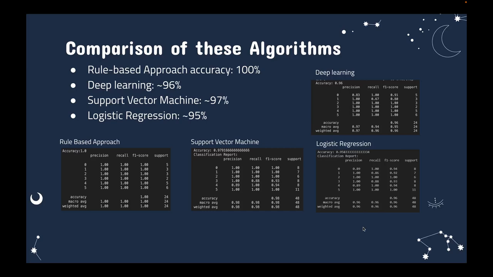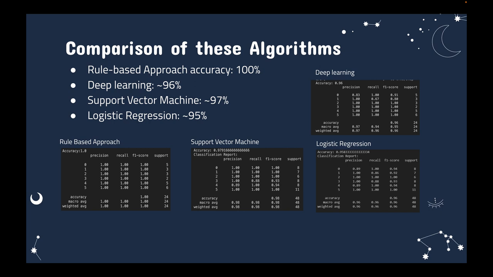Of the metrics of these algorithms, as you can see, our rule-based approach got 100% accuracy. Again, this is not practical and it was really inefficient. For deep learning, we got around 96% accuracy, but the problem with deep learning is that the accuracy would fluctuate a lot.